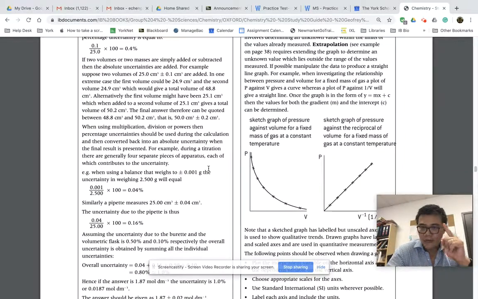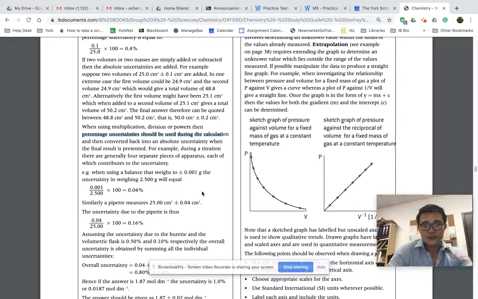When you're multiplying and dividing, you need to do 3 different steps. Percentage uncertainty should be used during the calculation, and then you convert back to absolute uncertainty.